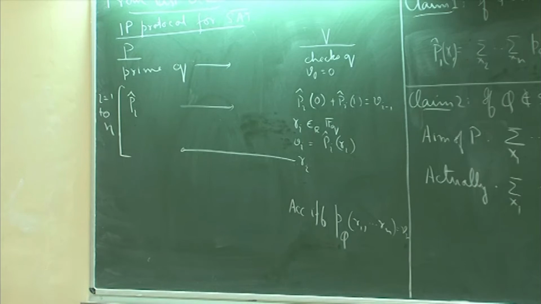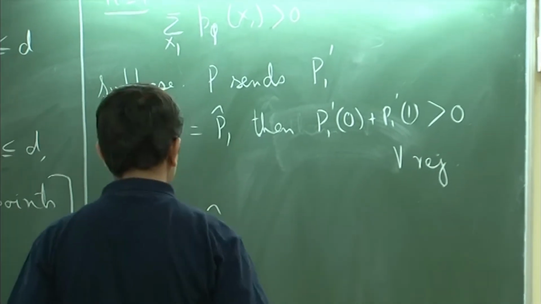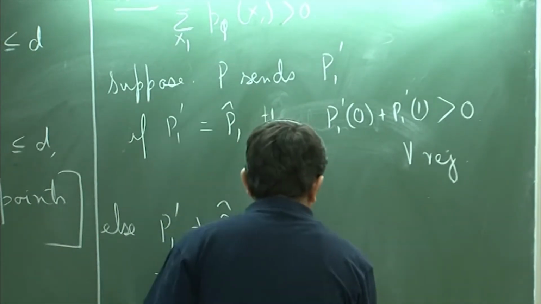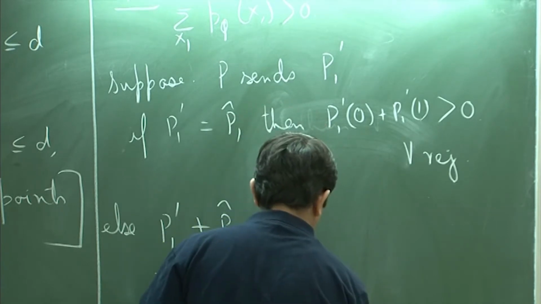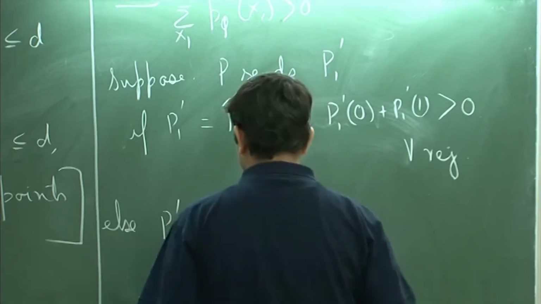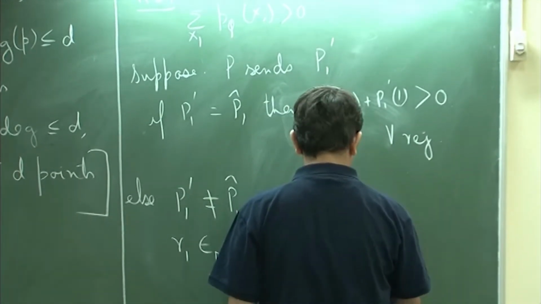In other words, for a random point picked by the verifier in this field, what is the probability that these two polynomials are identical on that point?